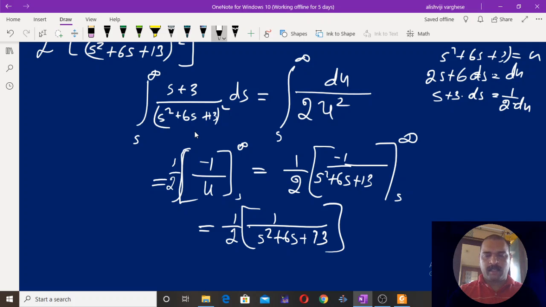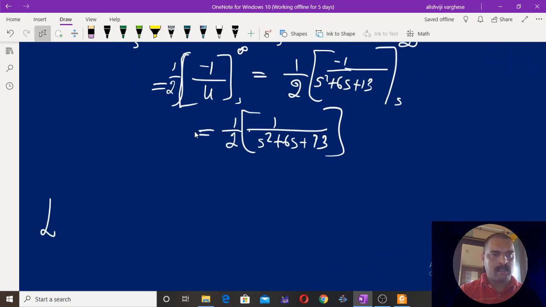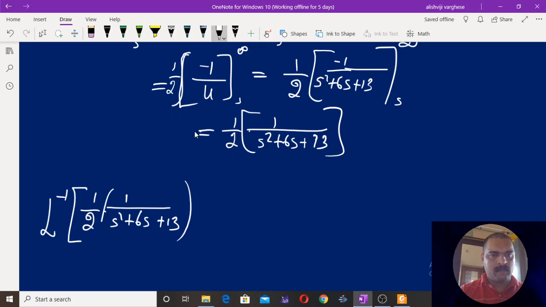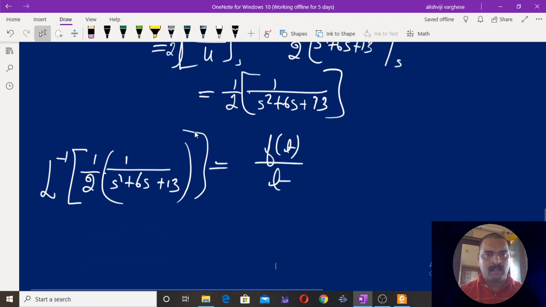Then if we take L inverse on both sides, we have L inverse of 1 by 2 into 1 by s square plus 6s plus 13, which is the integral from s to infinity of f of s ds, is equal to f of t divided by t.